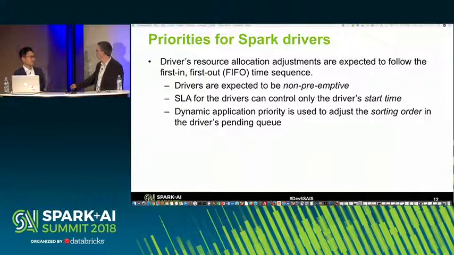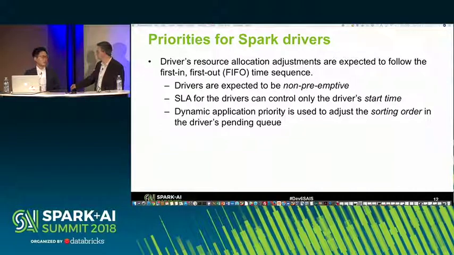Okay, so let me start explaining the details of each component. First I'll explain the scheduler for drivers. Drivers' resource allocation adjustments are expected to follow first in, first out, but there are some exceptions. The most important thing here is that drivers are expected to be non-preemptive, meaning when a driver is competing for its resources, it does not preempt other drivers, meaning it does not kill the driver.